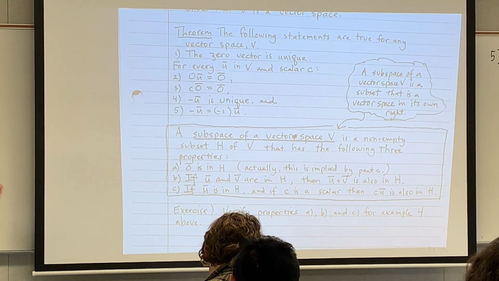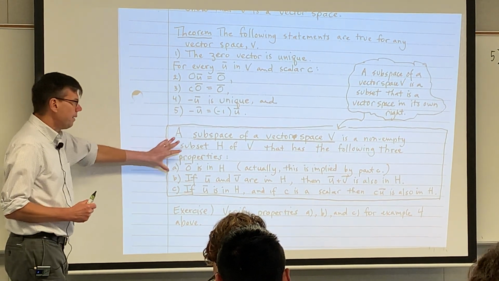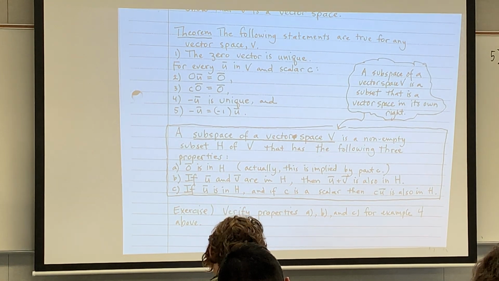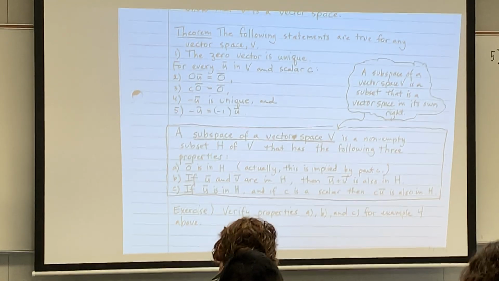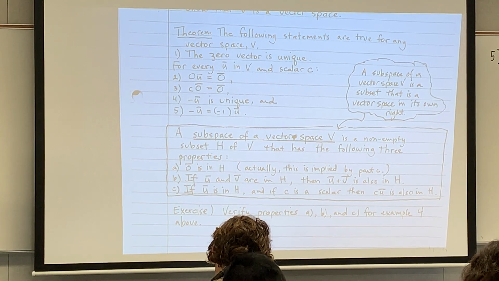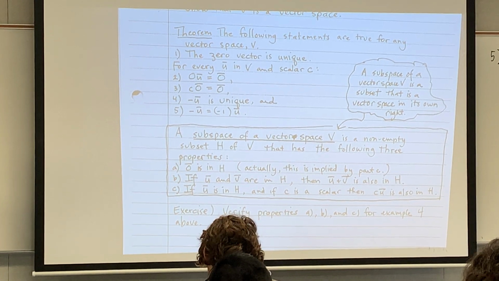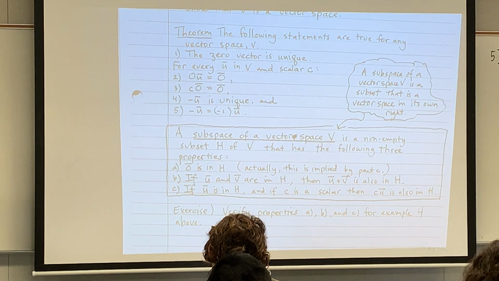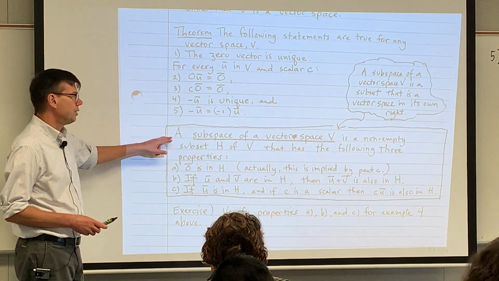But now, this is something we're going to focus on, and that's why I put it in a box. We are going to often verify whether we have a subspace of a particular vector space. So first let's just read through this definition.